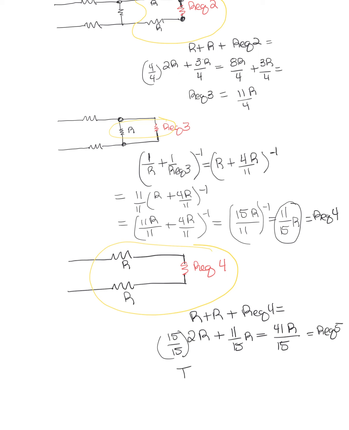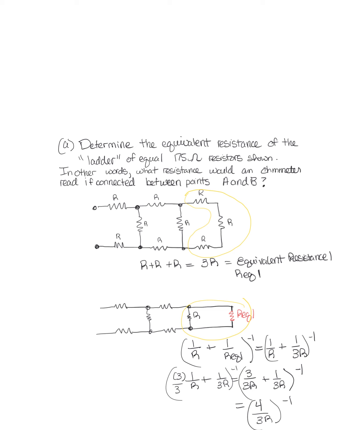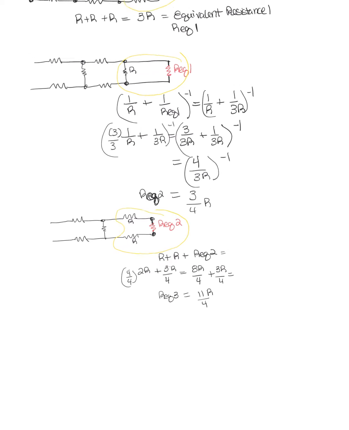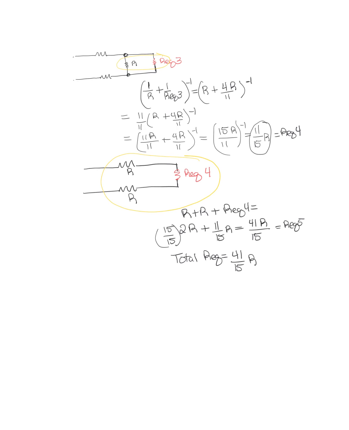So to get our total equivalent resistance, we plug in our value that we know for R. Remember, it was up here. They are equal 175 ohm resistors. So we're going to plug that in. Okay. So we will say 41 over 15 times 175.